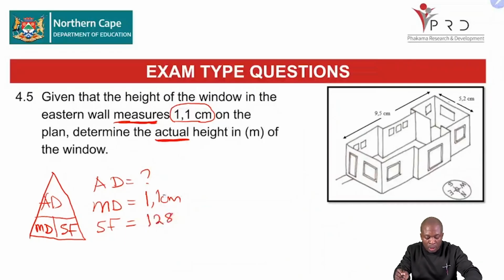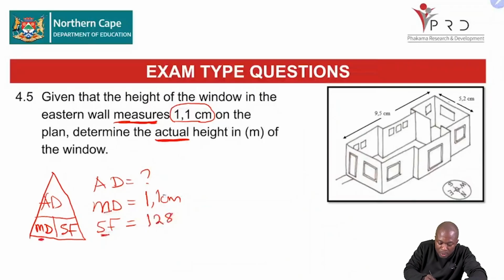So what should we do here? We have MD, we have SF. So what should we do when you have MD and SF? What does the straight line mean? Good, it says multiply them. So we take our 1.1 centimeters, but remember, you don't press the centimeters. It is not supposed to be pressed. You only press the numbers. So you're only going to press 1.1.